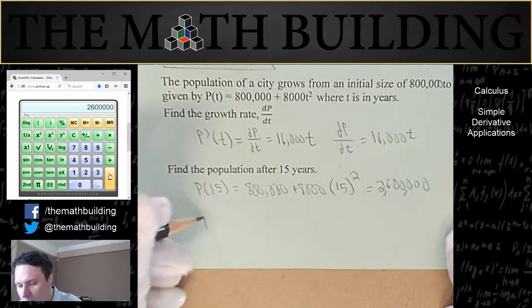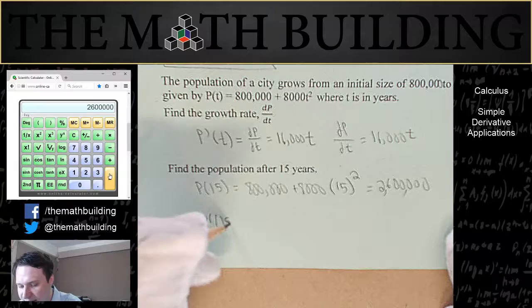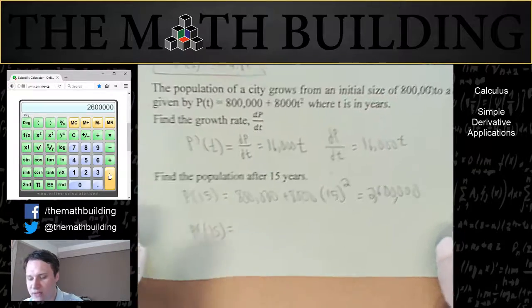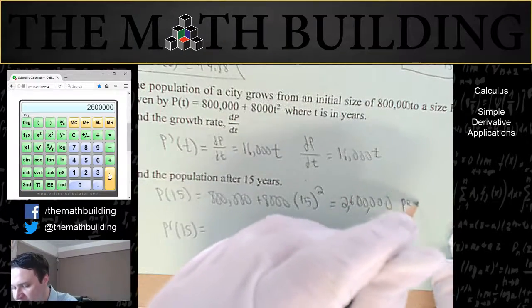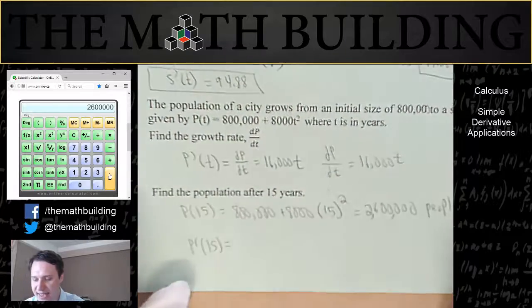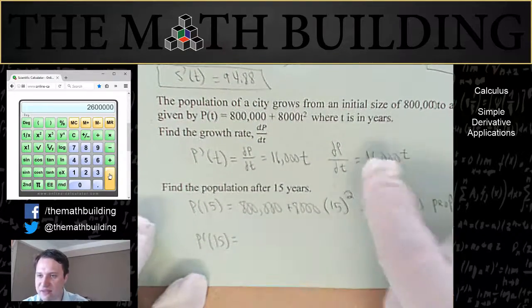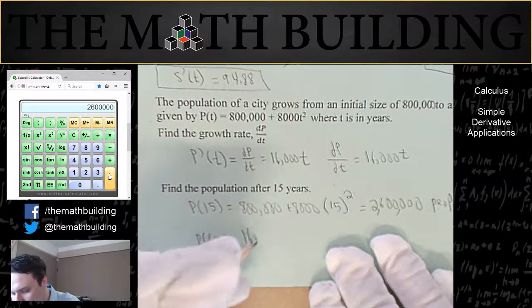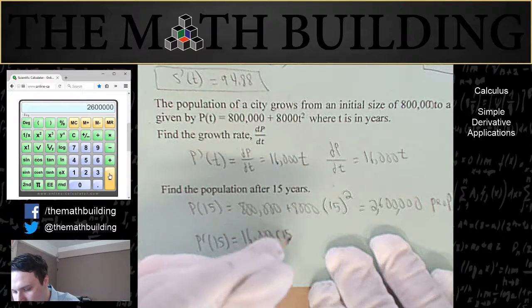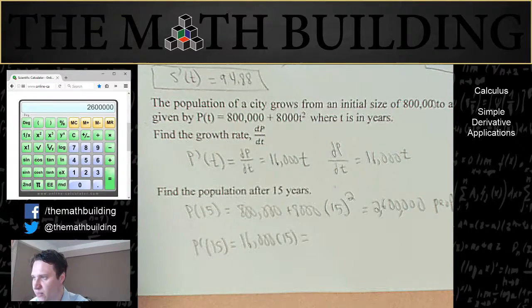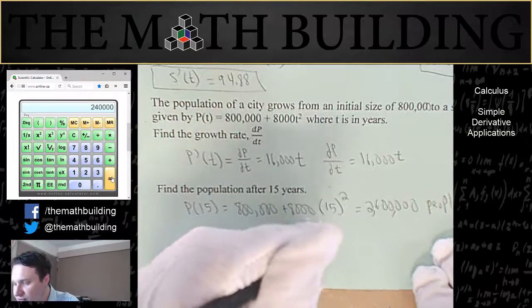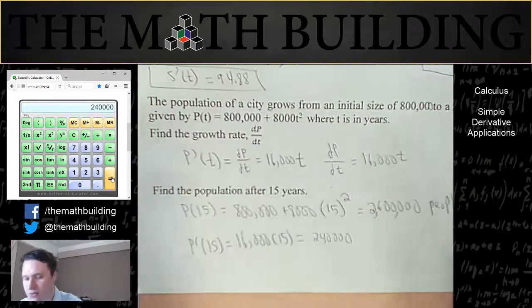So then in that case, what would the derivative be at that point? Okay, and so this is how many people there would be in 15 years. And if I plug 15 into the derivative function, I would get 16,000 times 15. So I can see that that number is 240,000.